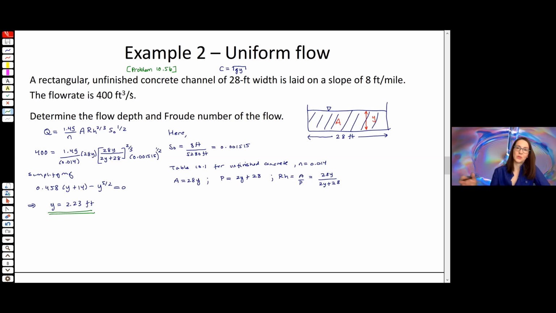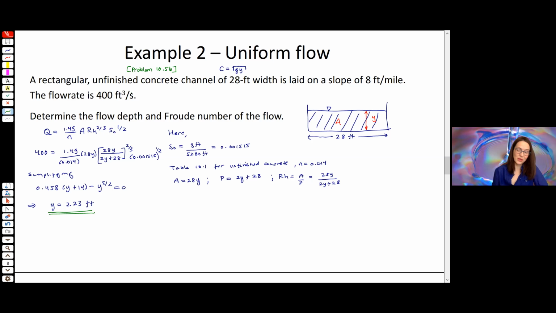That's why you could have a slow current in your pond, throw in a stone, and still see what looks like mostly circular waves radiating outwards, because the wave speed is much faster than whatever current you have. But when our Froude number is elevated, we can get really interesting stuff happening, like hydraulic jumps.